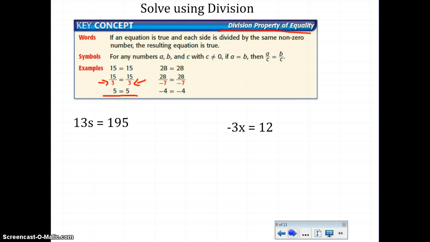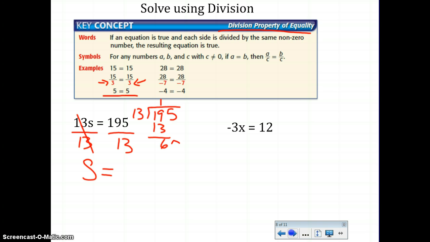So here I have 13s, divide by 13 on the left side and the right side of the equation. They cancel out and I get s equals, go ahead and do this out. I know the answer, but again, to encourage you to take the time to write it out. So our answer, s equals 15.